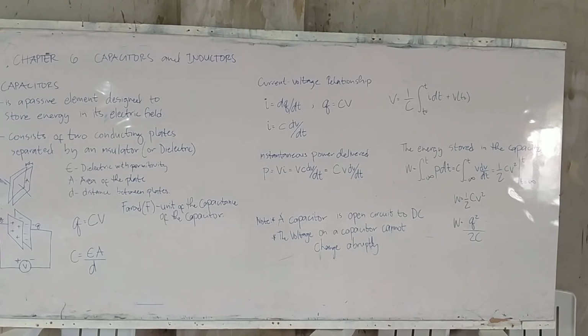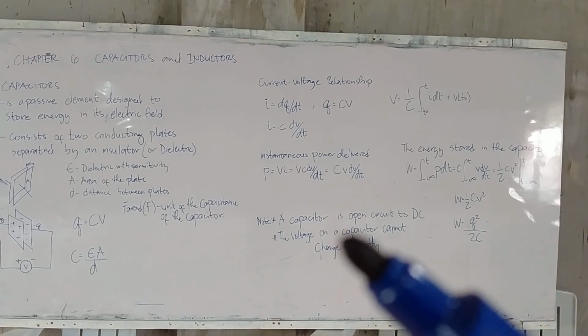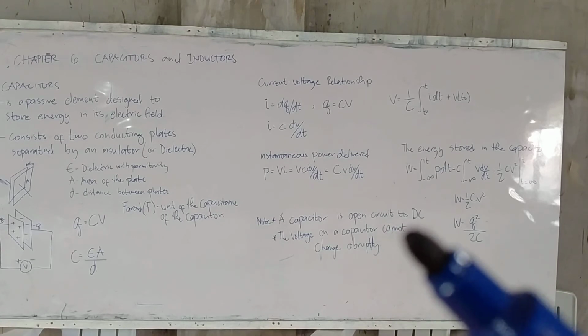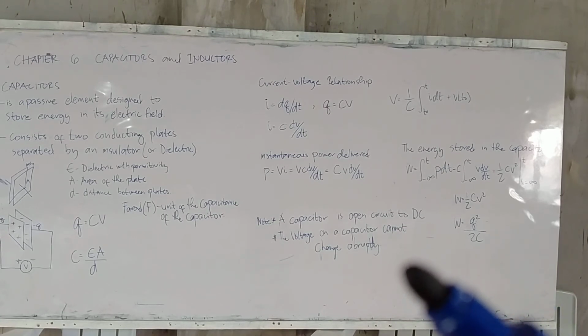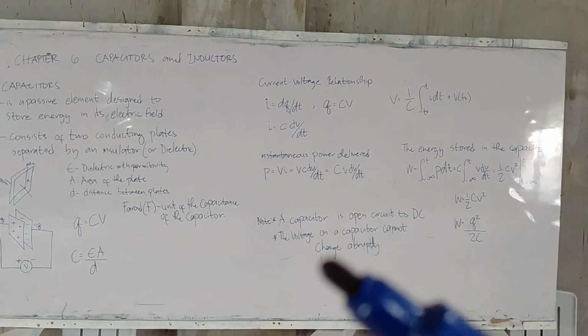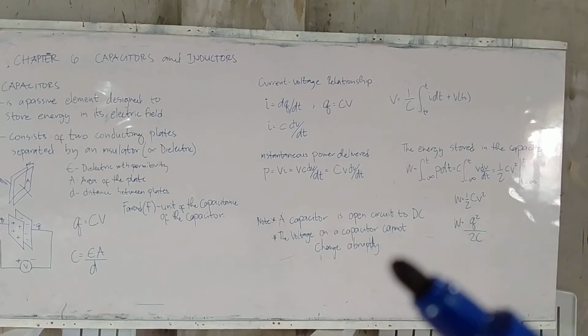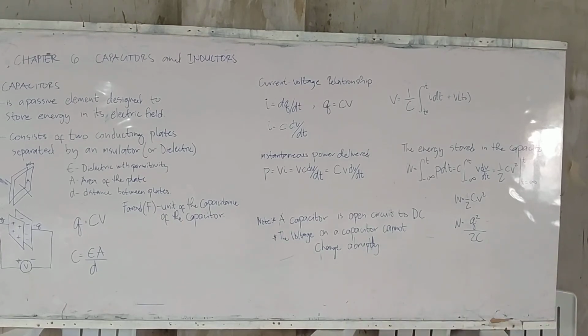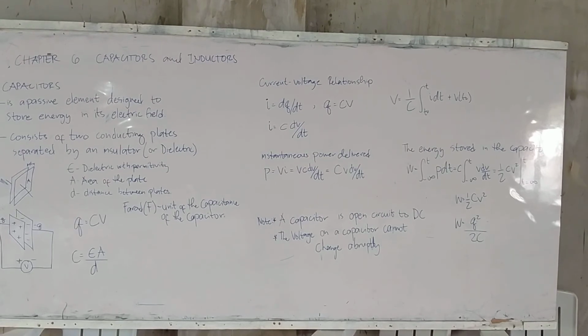Also, it is important to note that a capacitor is an open circuit to DC, and the voltage on a capacitor cannot change abruptly. The moment you charge a certain capacitor and then disconnect it, the voltage of the capacitor will not suddenly disappear.